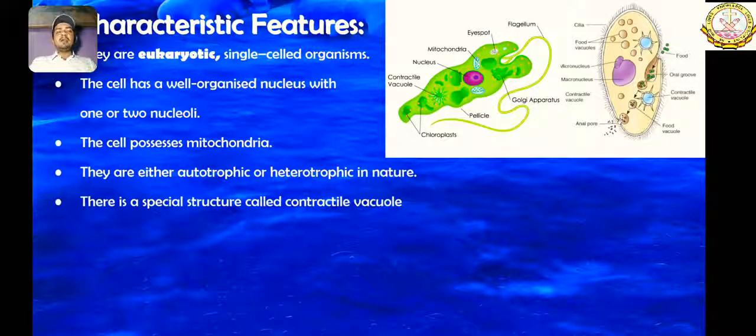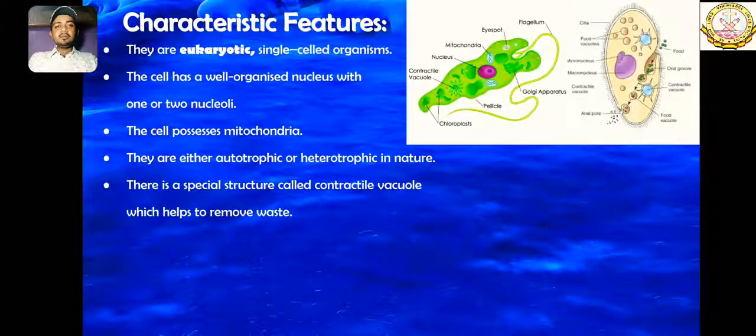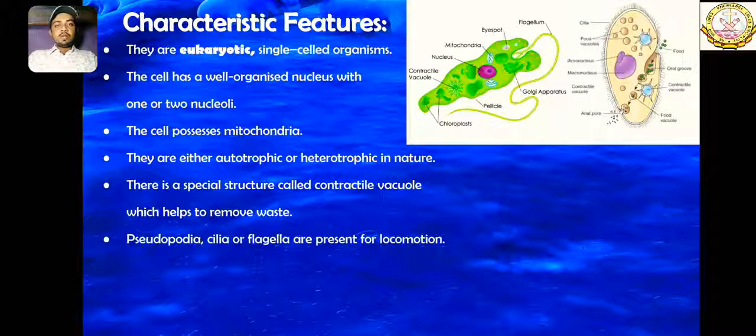We will study these vacuoles in detail in further slides. For now just see that contractile vacuole is present in these cells. It is a very important feature of contractile vacuole that it helps in removal of wastes.